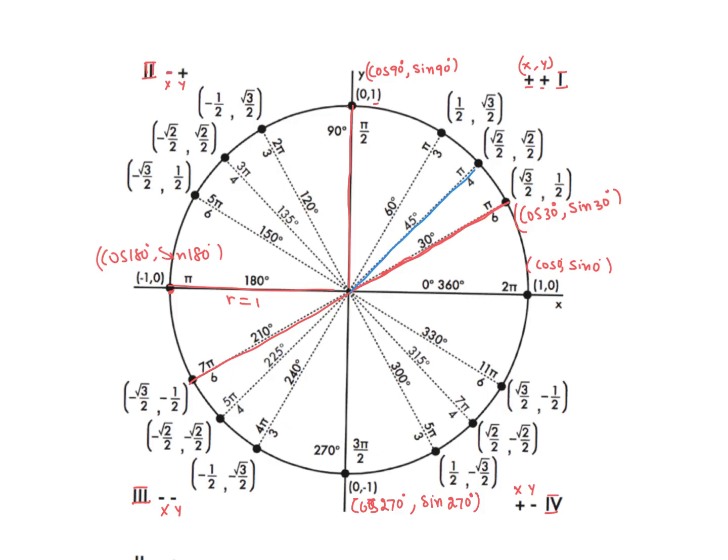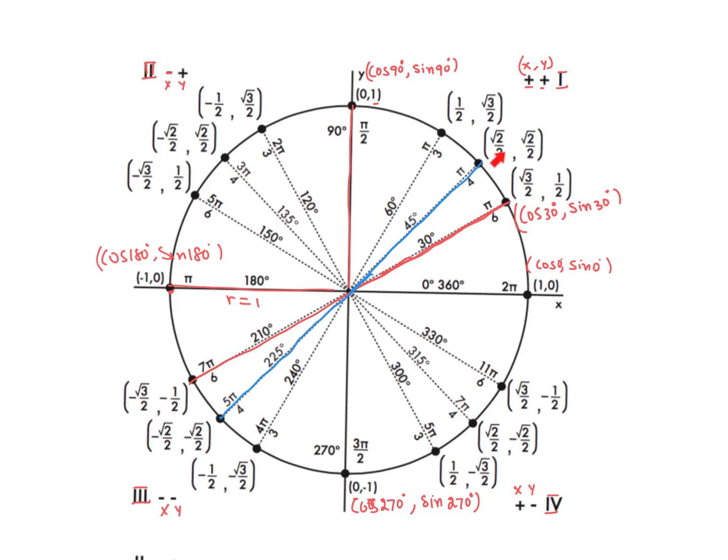Similarly, if you're looking at 45 degree, from the table you can tell that cosine 45 is square root 2 over 2, and sine 45 is square root 2 over 2. If you take this line across, you can tell the same coordinate on the other side.